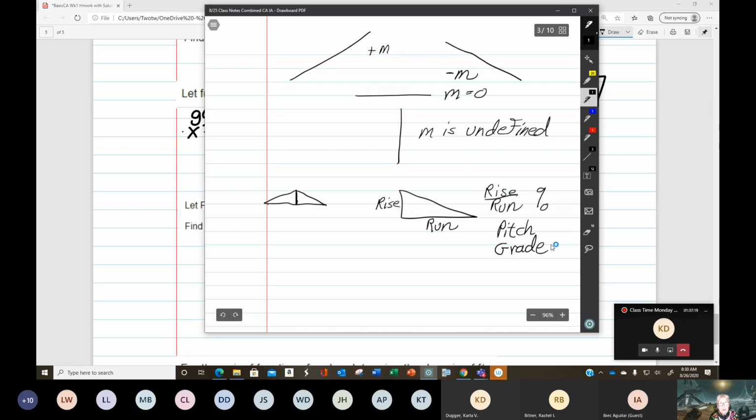But the slope of the roof is just the slope, the rise over the run. So you're given the length of this, the length of this. You take that, you divide it by that. Usually use a calculator if it's pitch or grade.